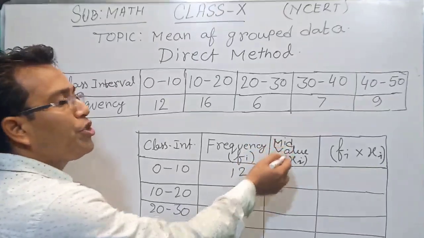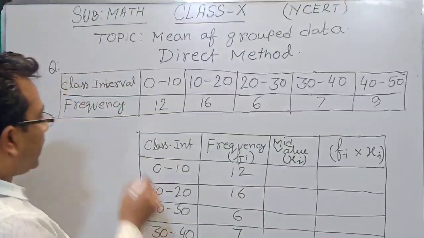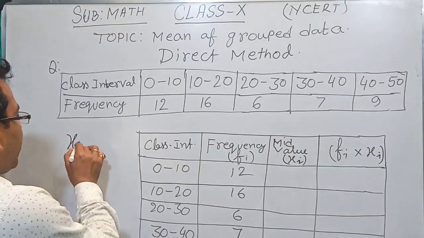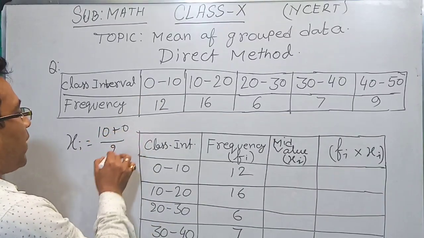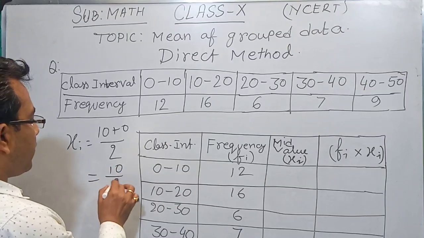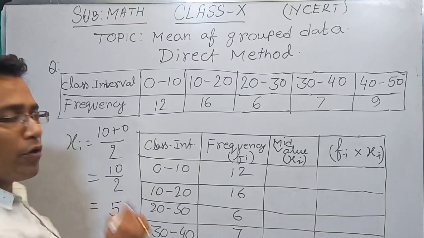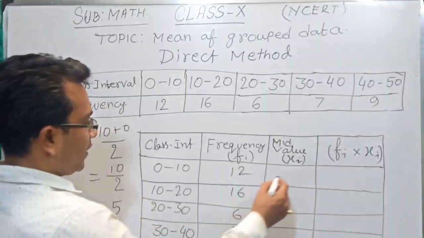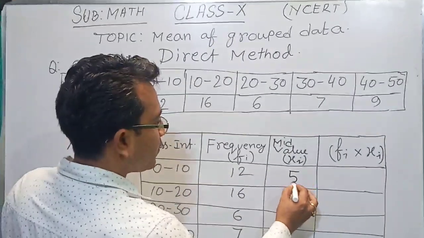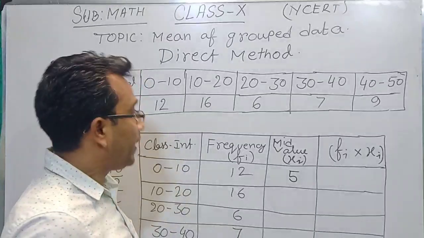And how shall we find the mid value? Mid value xi equals upper limit plus lower limit by 2, that is 10 by 2 equal to 5. Then its mid value is 5.